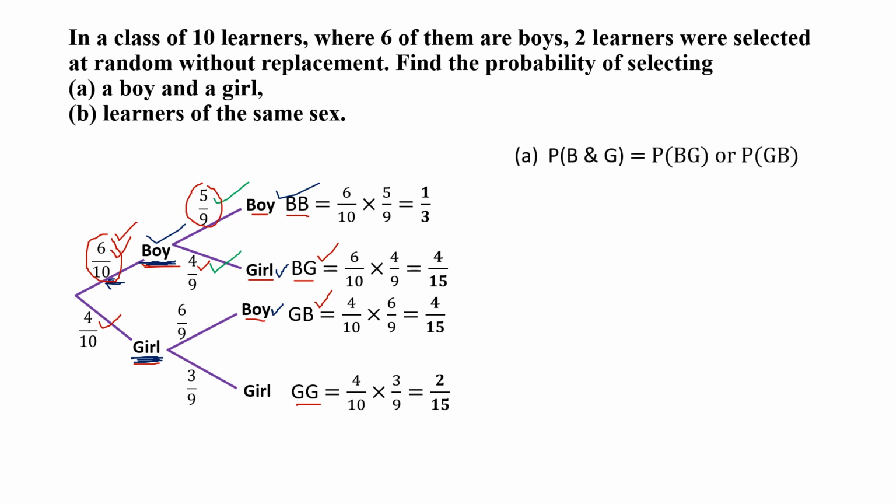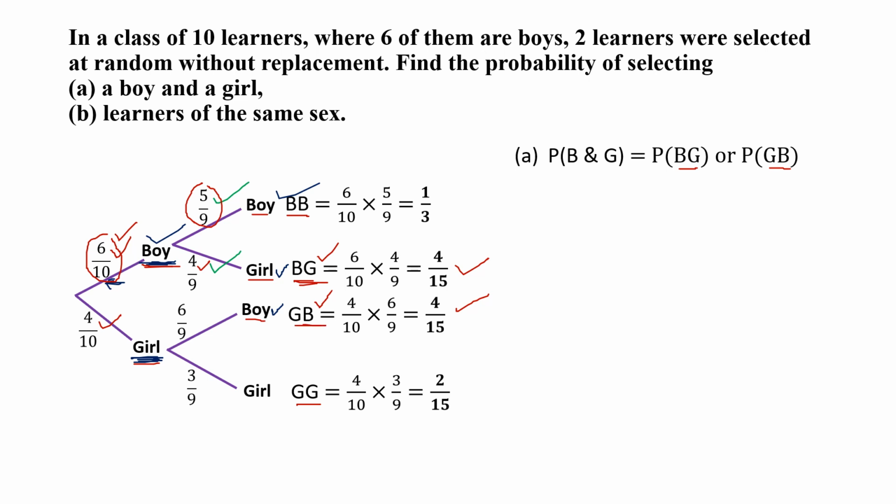The probability of a boy and a girl is either the probability of a boy followed by a girl or the probability of a girl followed by a boy. And we have these probabilities here. 4/15 is the probability of a boy followed by a girl. 4/15 as well is the probability of a girl followed by a boy, right?